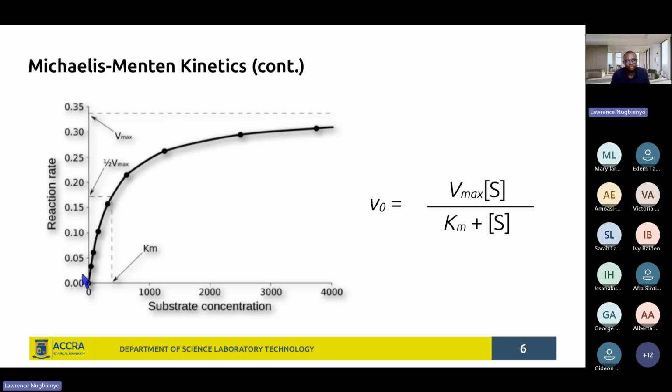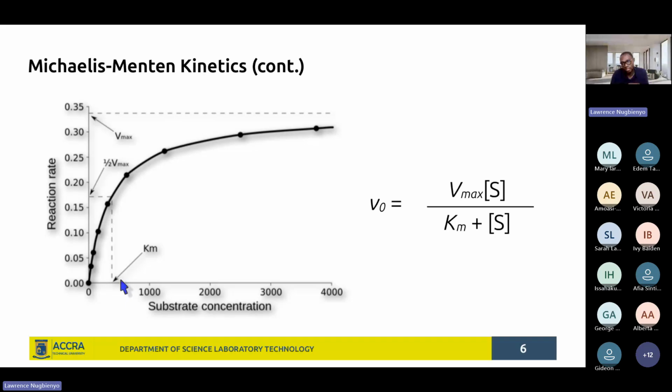What do I mean by that? If you are studying two enzymes and one of the enzymes has a curve similar to this, except that the Michaelis-Menten constant is greater, that is, the amount of substrate needed to reach half of the maximum of the reaction is higher, it means that enzyme has less affinity.